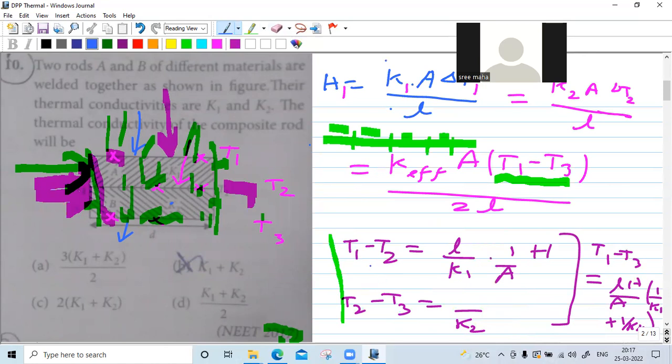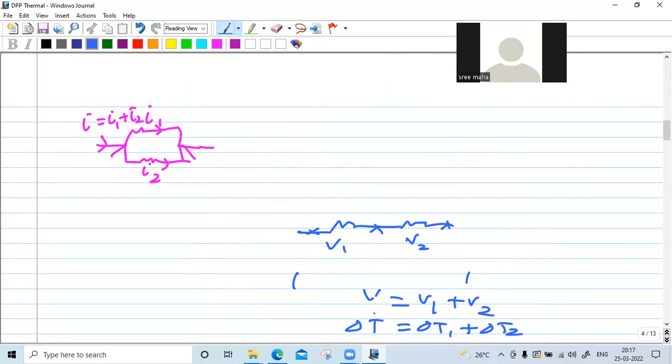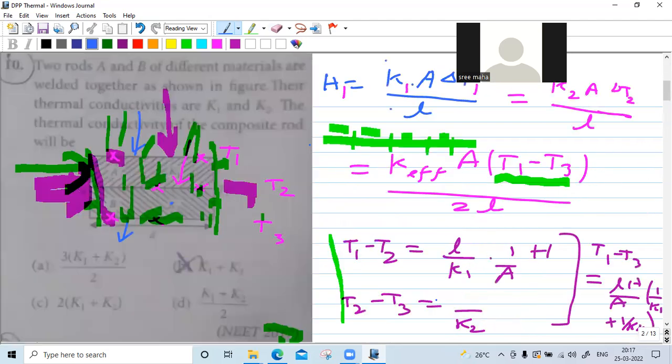So if I add these two, I'll get the total temperature difference T1 minus T3. Is it clear? For the electrical current, what is driving the current is the potential difference. Here the temperature difference is what drives the heat current. You can revise it after the class. This is a basic concept.